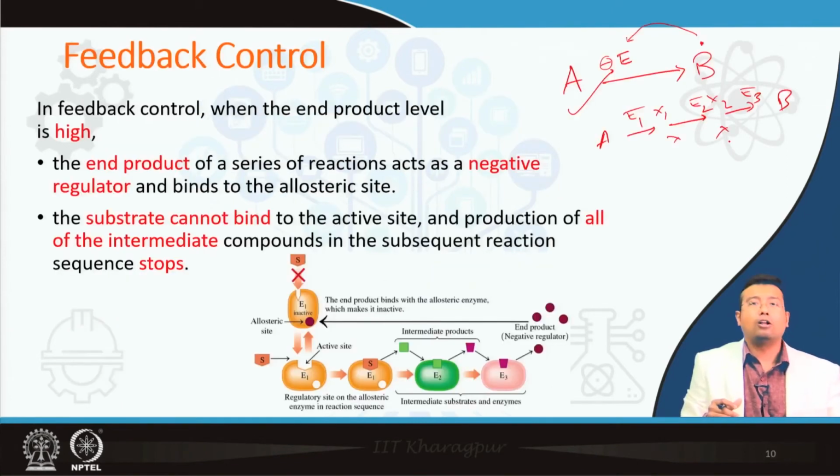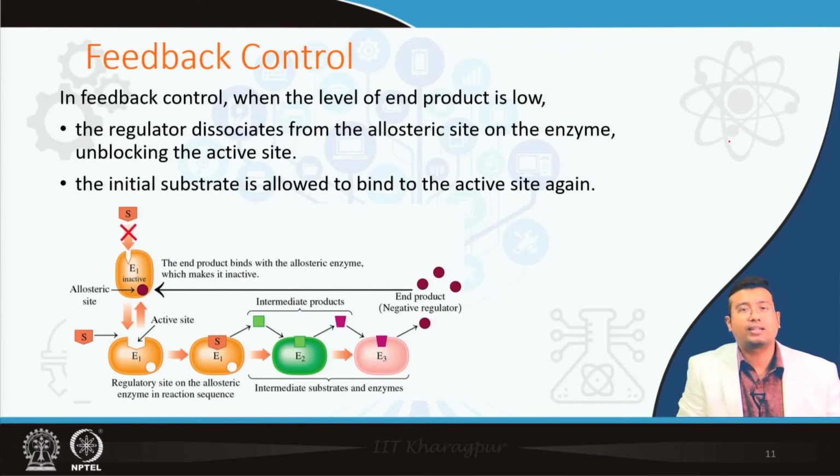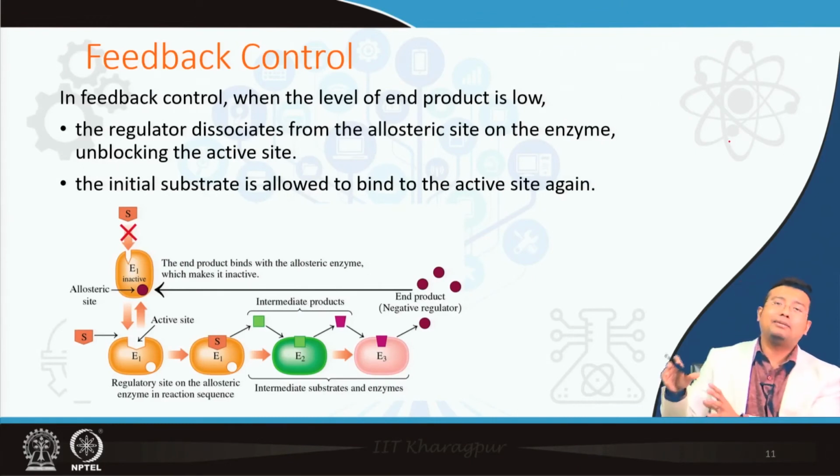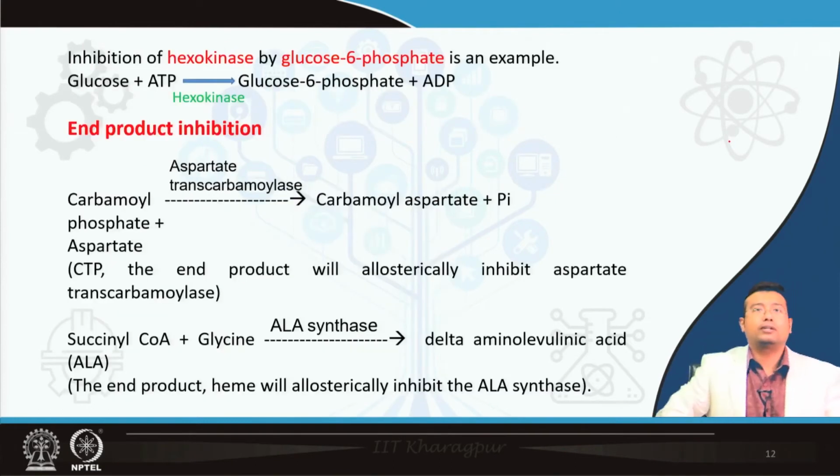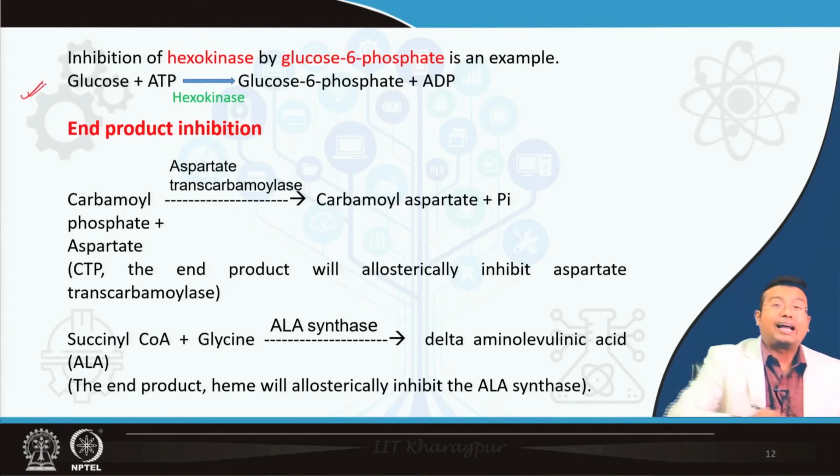So these two are almost similar, the mechanism of action is reversed. Either the end product can be high or low, and depending on that, the inhibition will be in effect or the inhibition will be removed. So this example will come again and again.